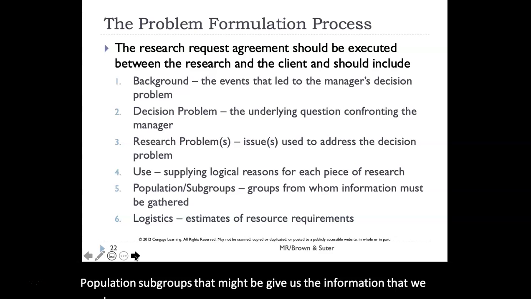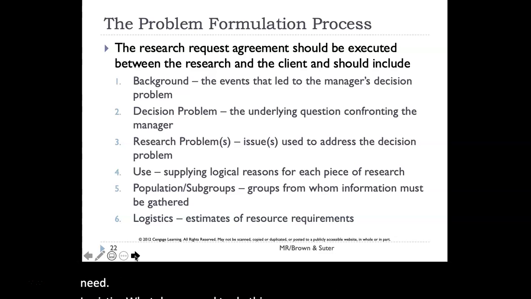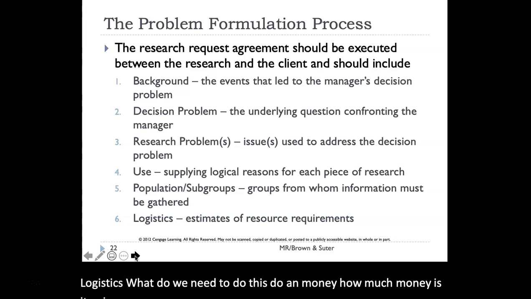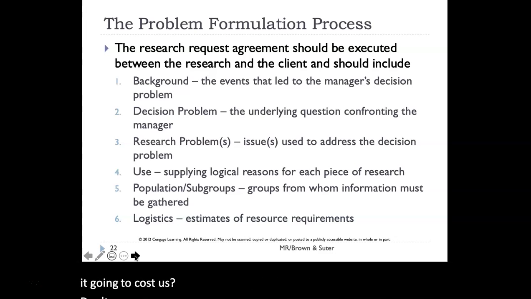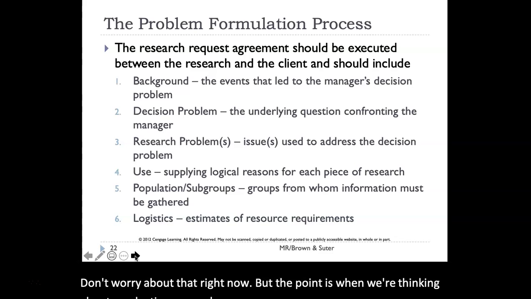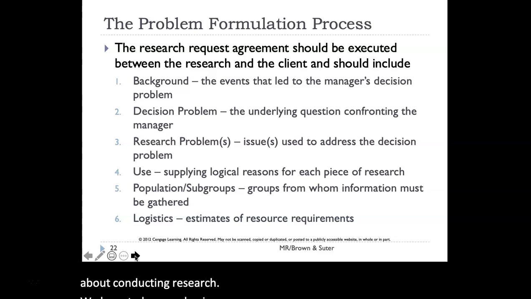What do we need to do this? And money. How much money is it going to cost us? Don't worry about that right now. But the point is, when we're thinking about conducting research, we have to have a plan in place. And the research request agreement is that plan. And it's a plan that is thought out between the researcher and the client.